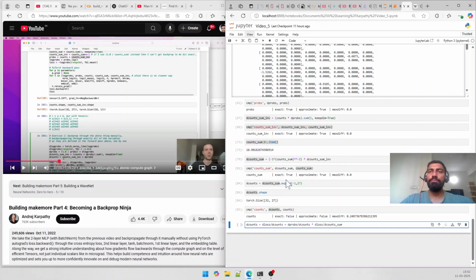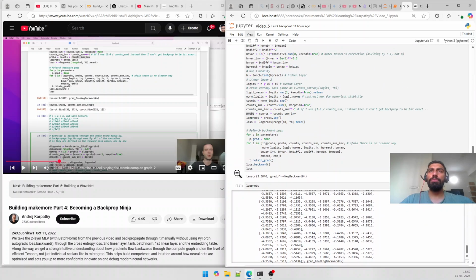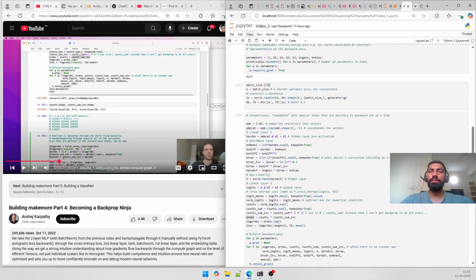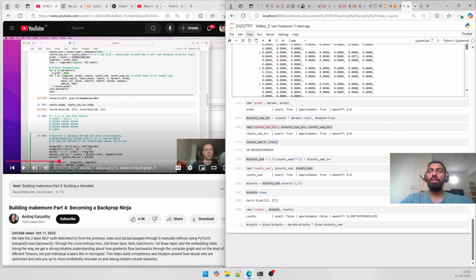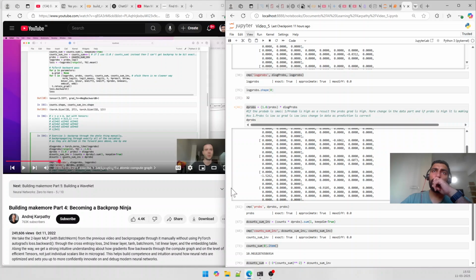So d probs, how count impacts d probs, and then how d probs impacts d loss. Okay, so this is already calculated, which is d probs, that is here.